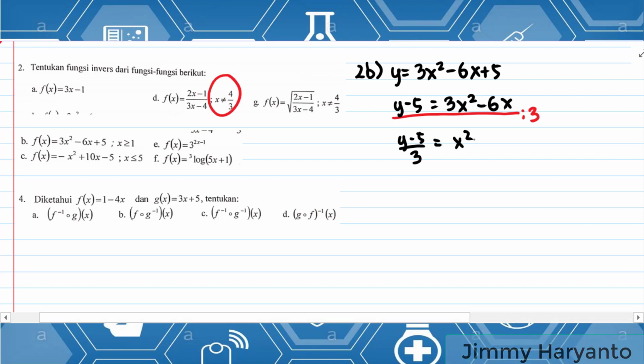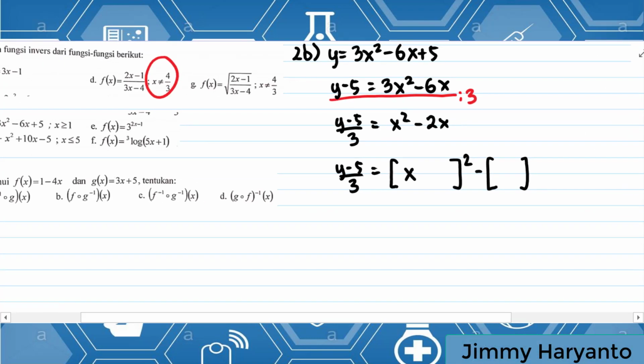So this one is x square minus 2x, and you can use the completing square method to factorize x square minus 2x. The completing square method is like this. It will be x, minus... I always say this is kurung gendut and kurung kurus, so the brackets, there are fat ones and thin ones.